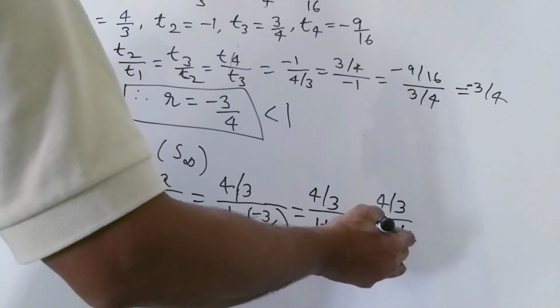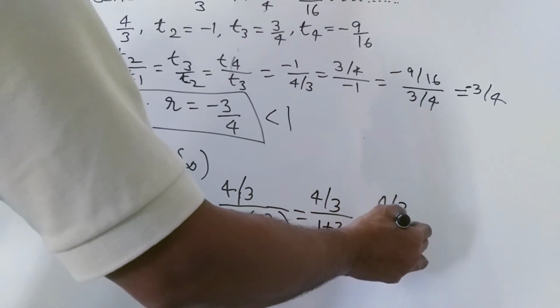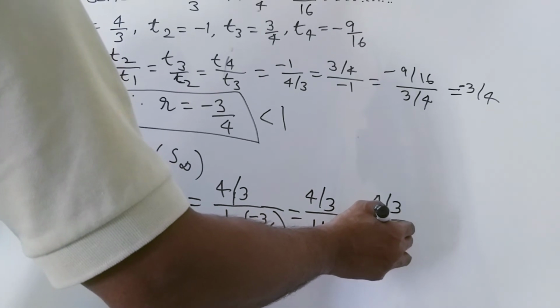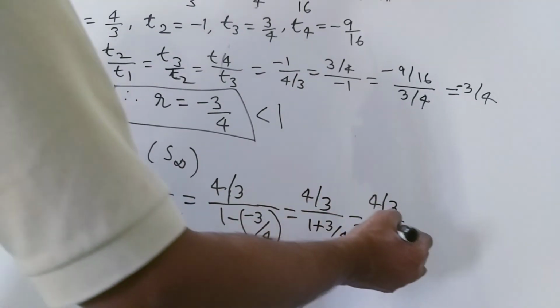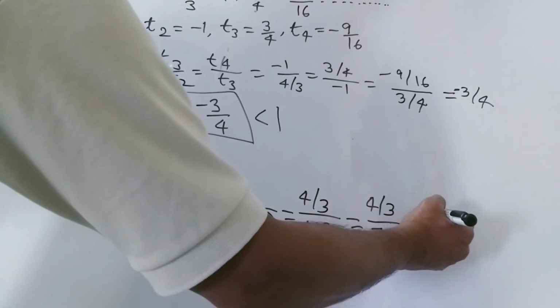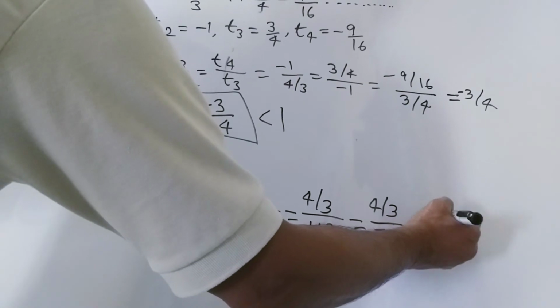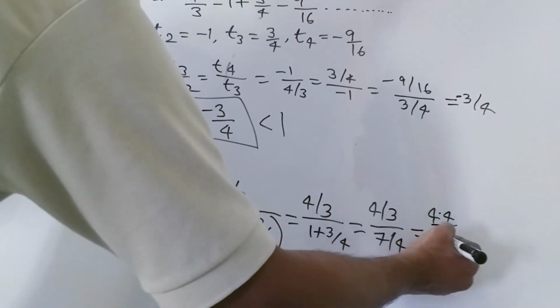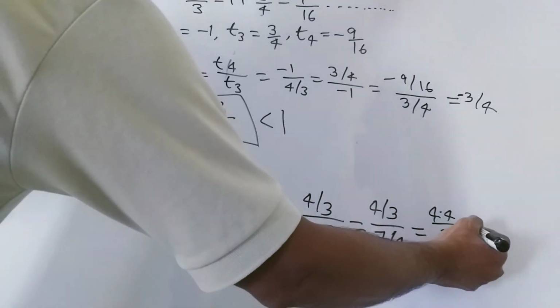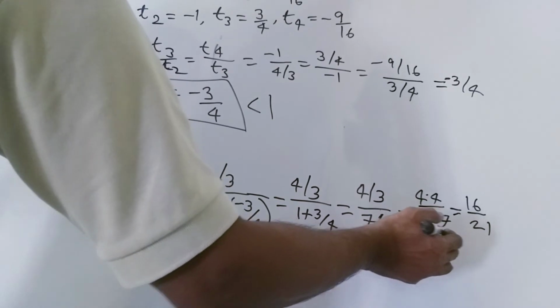On simplification, the denominator is 7 by 4. It seems to be a by b by c by d, which is equal to AD by BC. That means AD is 4 into 4, and BC is 3 into 7, which is 16 by 21.